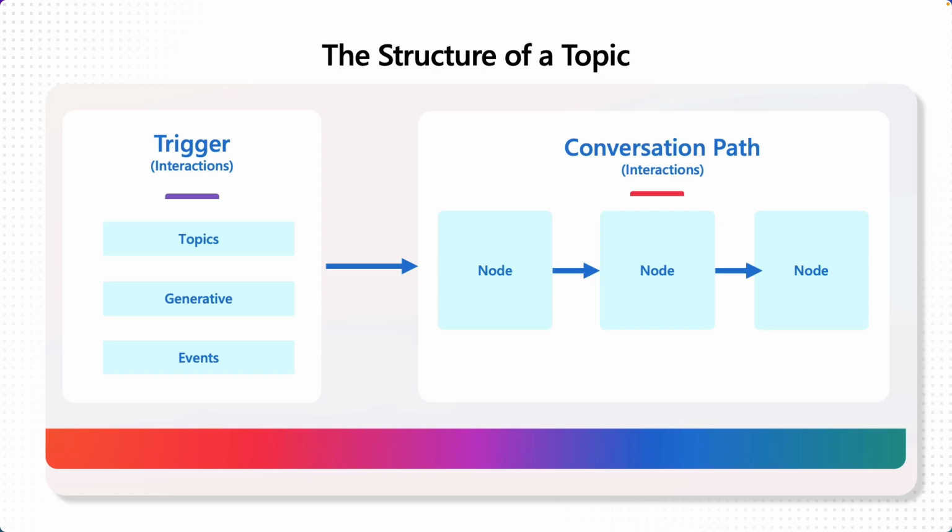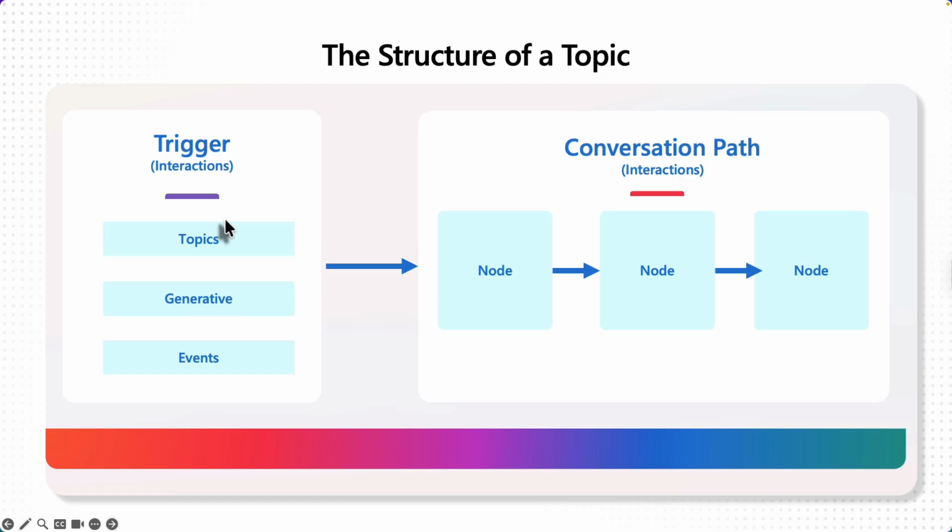Once the topic is triggered, the dialogue follows a conversational path defined by nodes that you can see here outlined in the diagram. Let's jump into a more real world use case of this. The concept is you'll add a node to send a message, ask a question, add condition logic, if then, or call an action, and I'm going to show you how this is done.